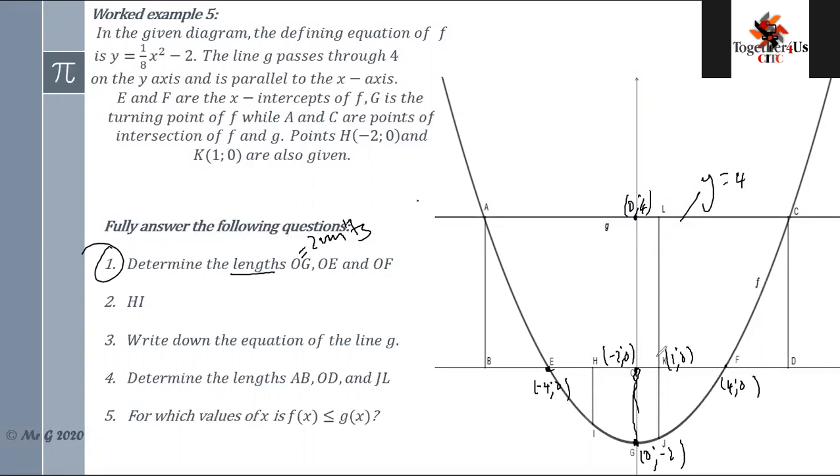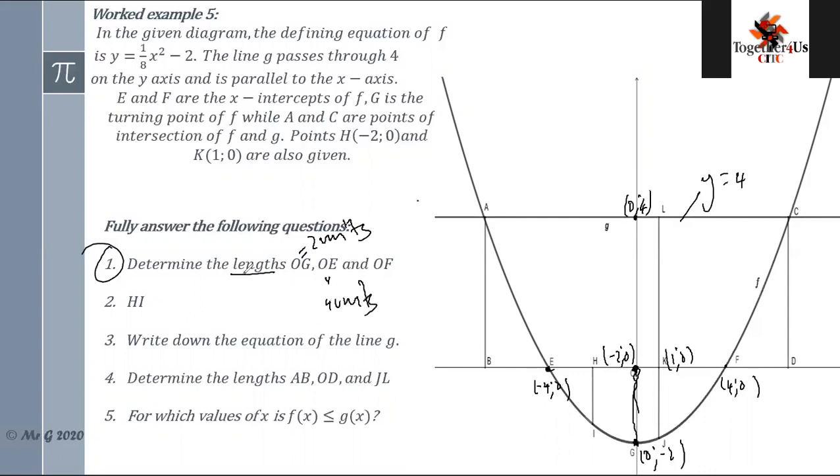OE, where is OE? OE from here to here. We know that this is on the x-axis, so the distance must be in terms of x values. What is the distance of x values from 0 to there? It is 4. The negative here means to the left. So we know OE is 4 units.